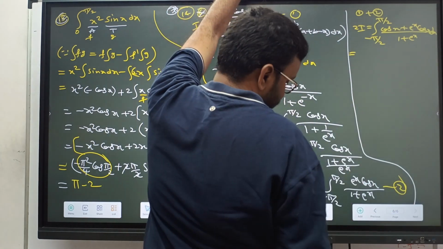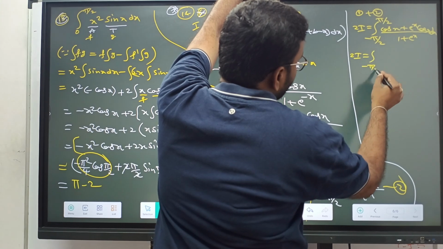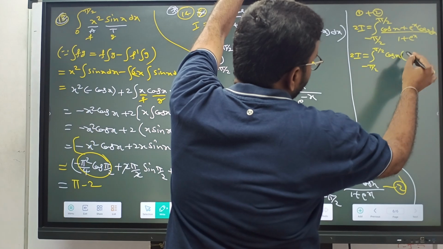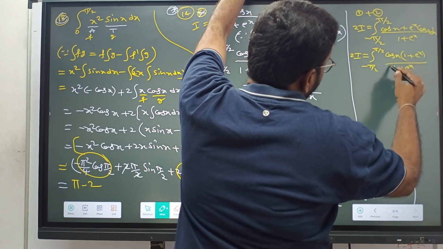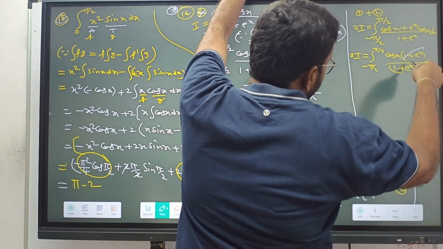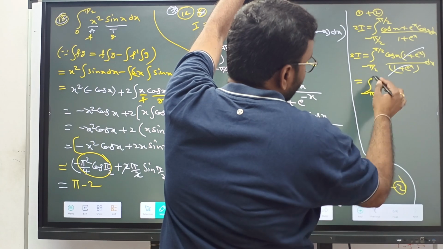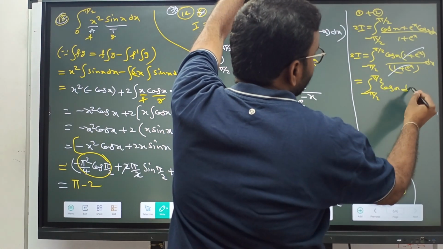Now 2I equals integral minus pi by 2 to pi by 2, taking cos x common, 1 plus e power x by denominator 1 plus e power x into dx. These two cancel, leaving integral minus pi by 2 to pi by 2 cos x dx.